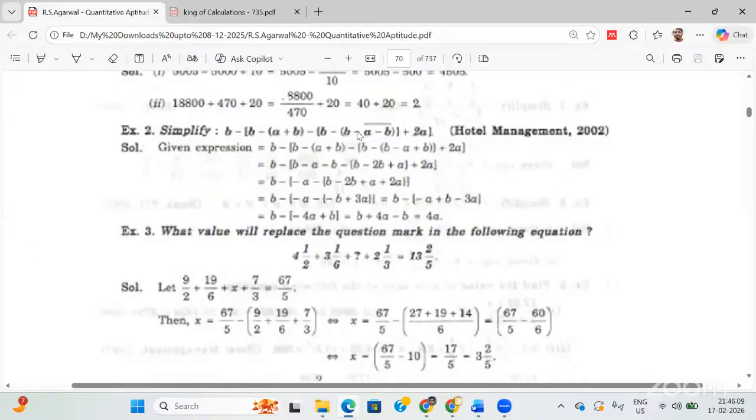Then we have to multiply this particular minus symbol with this kind of items, algebraic terms, then minus into plus is equal to minus. Therefore, it becomes minus a, and minus into minus is equal to plus, it becomes plus, therefore plus b. Therefore, it will be b minus a plus b. B minus a plus b.